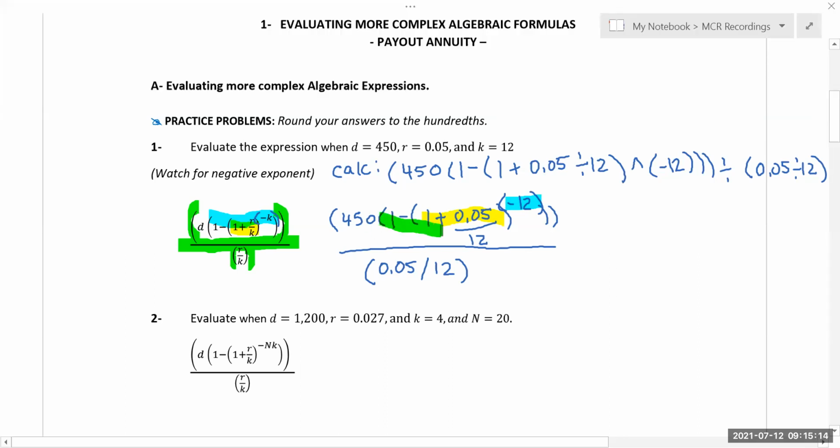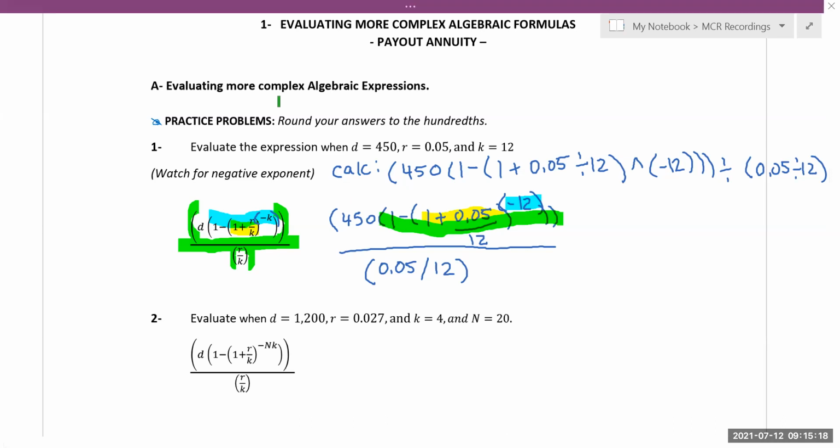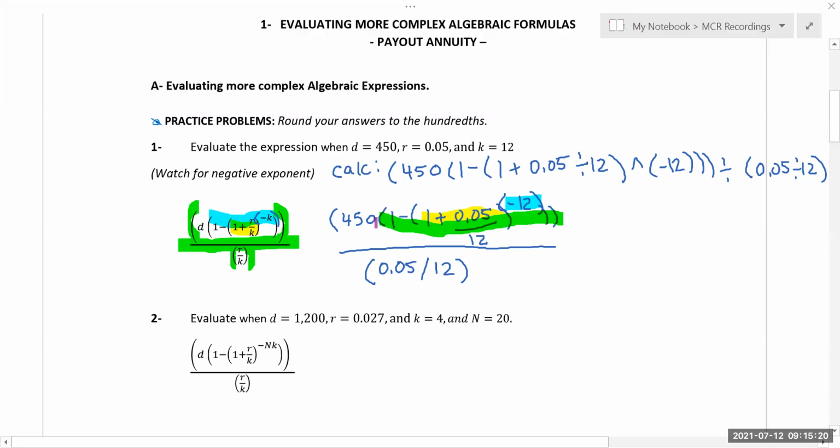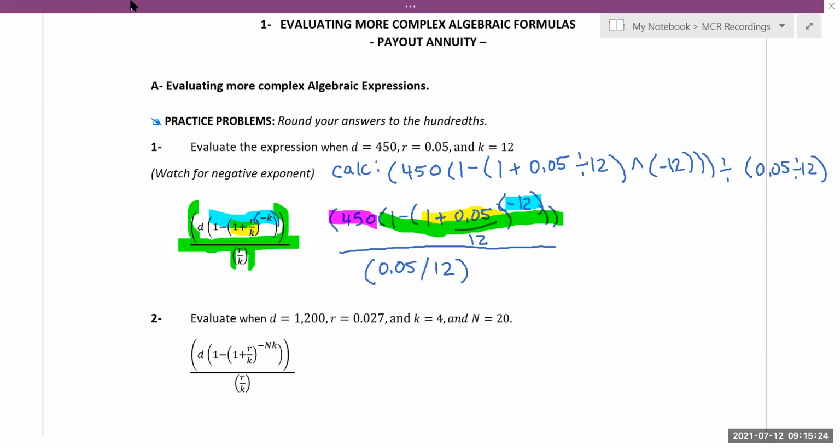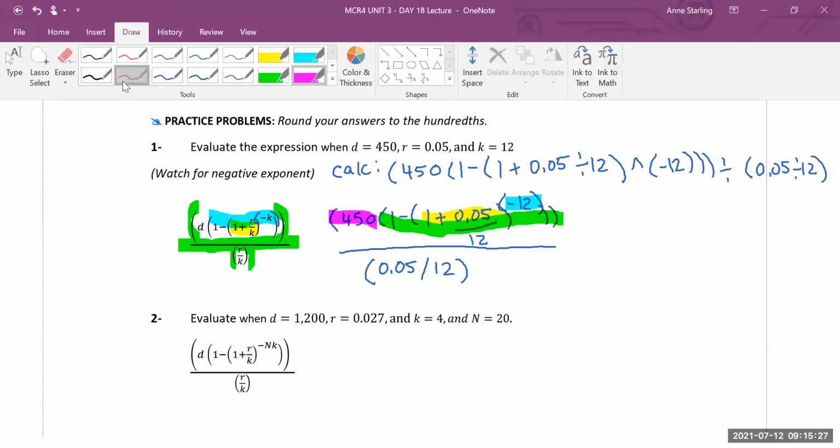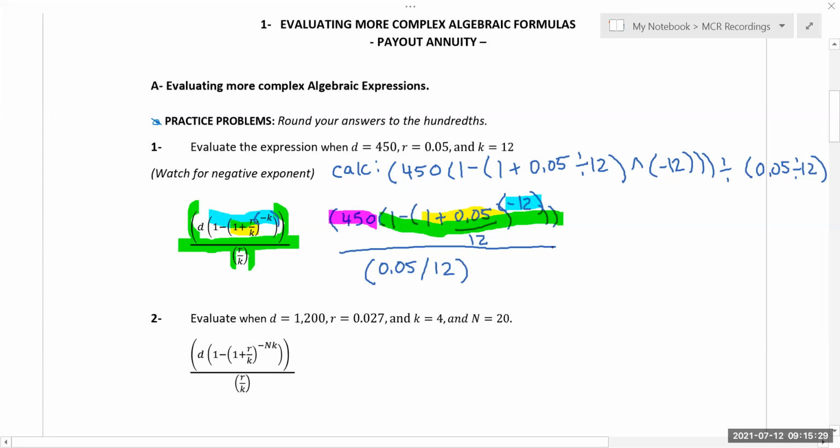Then do the 1 minus that answer, don't round at any point, click enter. Then you would multiply it by the 450, click enter, and then divide by those in parentheses. So how you go about doing it is really up to you. If you want to go piece by piece, that's fine. If you want to throw it all in at one time, that's fine too.